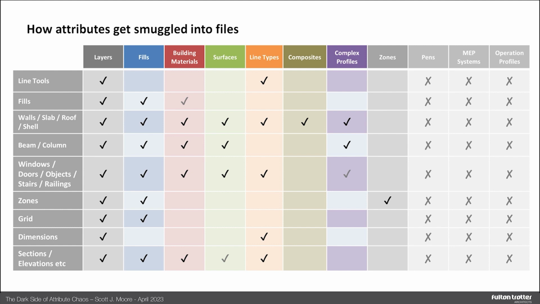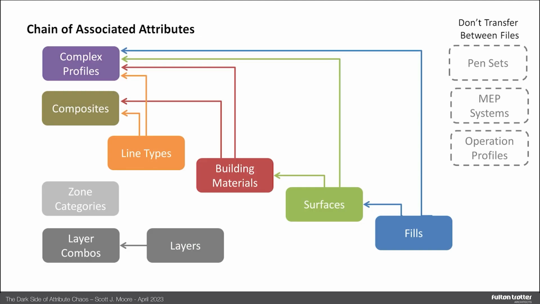This is just a little table summarizing the most basic understanding of how different elements have different attributes applied to them. And the next little flowchart shows you how different attributes are embedded within other attributes. As I mentioned before, when you copy an attribute from one file to another, not only will it bring those main attributes in, but it'll bring everything else that may be embedded within the elements or the attributes themselves.